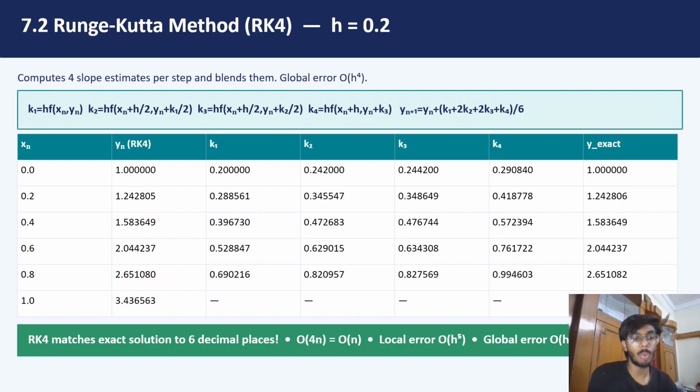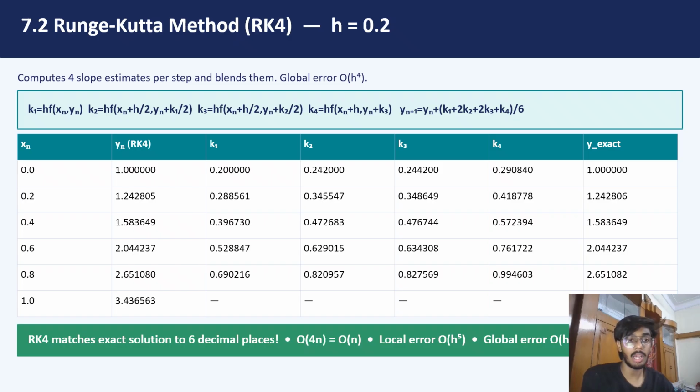Similarly we have given the points 0, 0.2, 0.4, 0.6, 0.8, and 1. For these respective x values, we need to calculate yn. For yn we need to calculate k1, k2, k3, k4 respectively, and then put them in the formula y(n+1) equals yn plus (k1 plus 2k2 plus 2k3 plus k4) divided by 6.